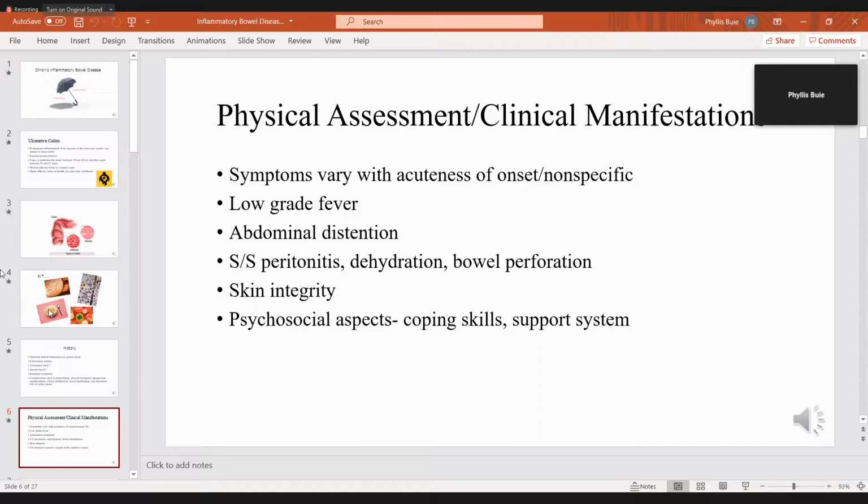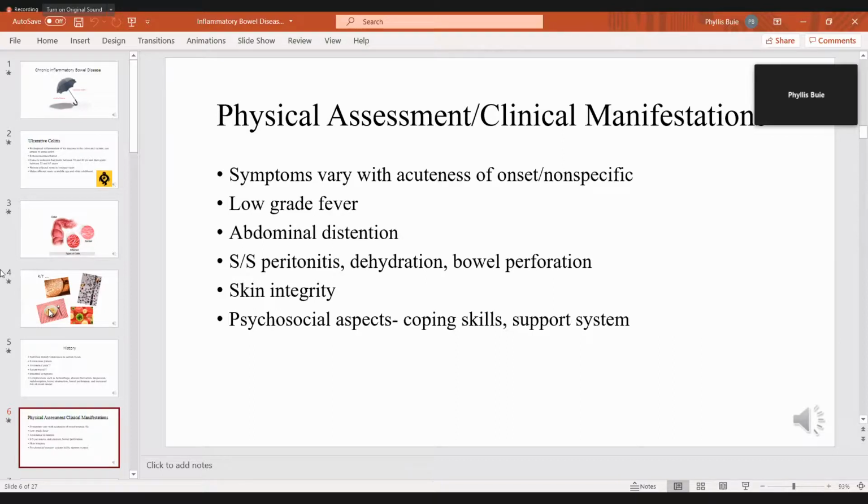So we have to go through the process of elimination to figure out which might be the most likely cause for them having these signs and symptoms. If they're having a lot of diarrhea, they're going to have some skin integrity issues too. They're probably going to have some anal irritation and perineal irritation. If they're incontinent, that's going to even make it worse.